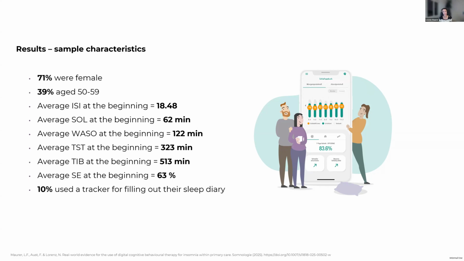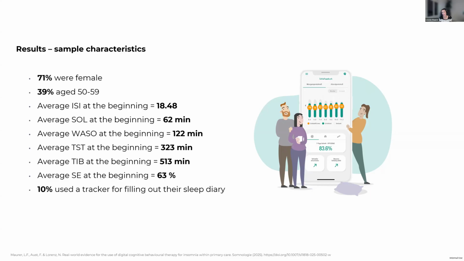The average insomnia severity at the beginning was 18 or above, which indicates quite moderate to severe insomnia. The average wake time after sleep onset at the beginning was 122 minutes, which is super high. It's more than 2 hours of just lying in bed awake.